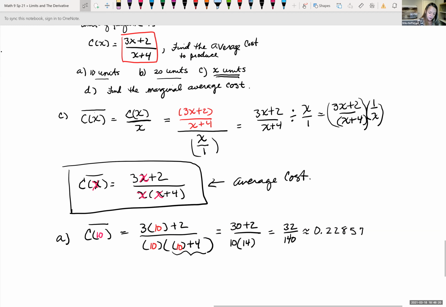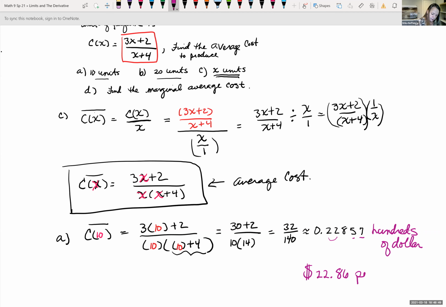So this is 0.22857 hundreds of dollars. But let's just multiply that by 100. If I multiply that by 100, that's going to move my decimal over twice. And so this is just the same thing as $22, and let's round the 5 up to 86 cents per unit. So the average cost to produce the 10th unit is $22.86.